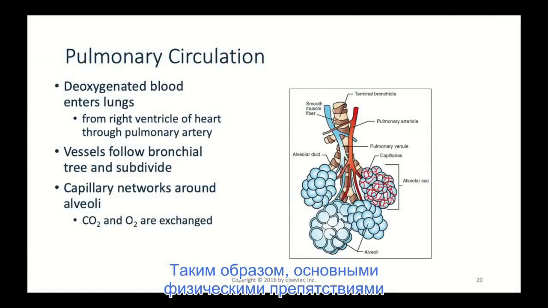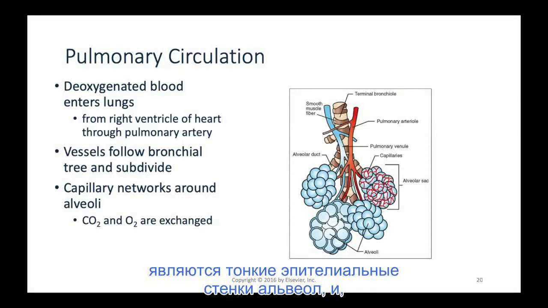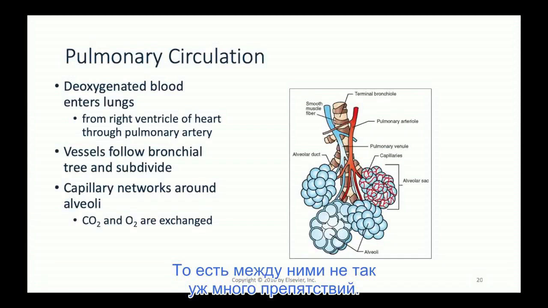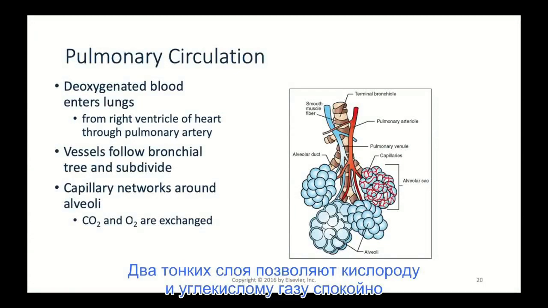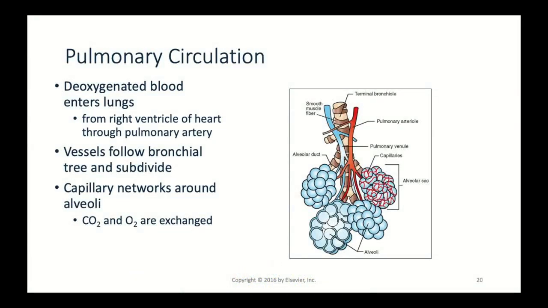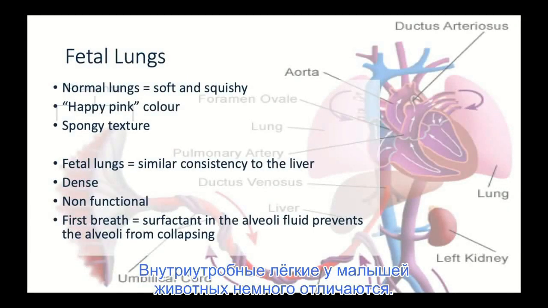So the main physical barriers between the air in the alveoli and the blood in the capillaries are the thin epithelial walls of the alveoli and, of course, equally thin walls of the capillaries. So there's not much blocking the 2 of them. The 2 thin layers allow oxygen and carbon dioxide to diffuse freely back and forth between the air and the blood and continuously exchange.